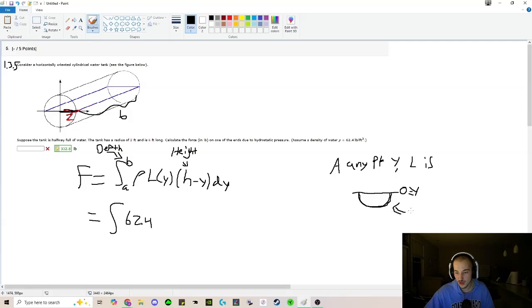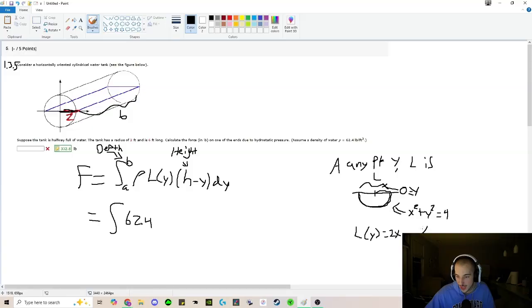This curve here is going to be x squared plus y squared equals 4. So then our length is actually going to be 2x, because this guy here is x, and double this x is L.